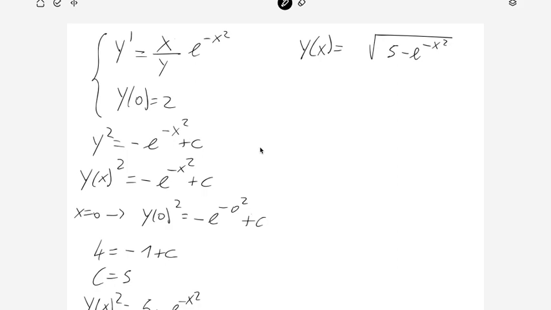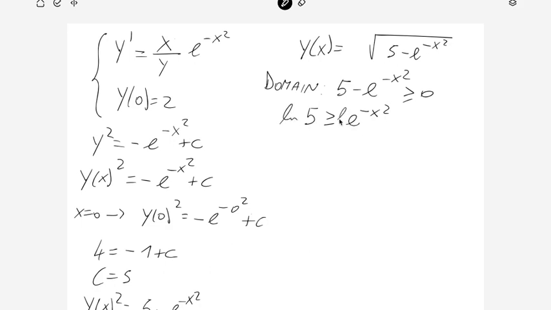Now we have to sketch the graph of the solution and find the maximal interval of the solution, so the domain of this function. The maximal interval is just where the square root is defined, when this quantity is positive. This means 5 is greater than e to minus x squared.